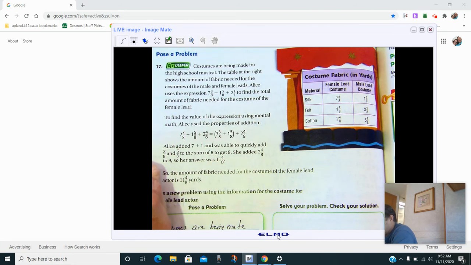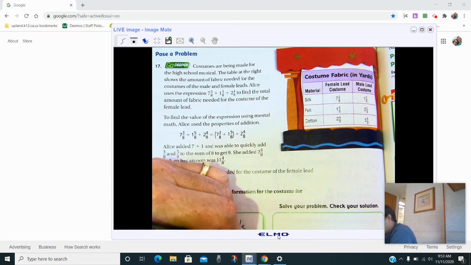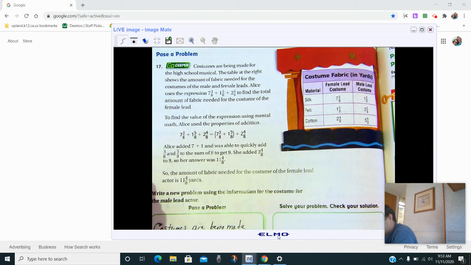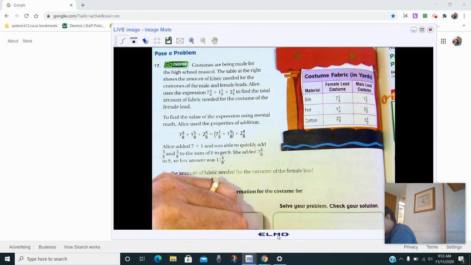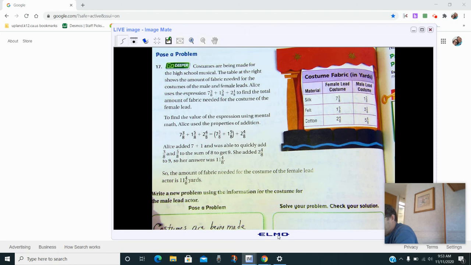Table at the right shows the amount of fabric needed for the costumes of the male and female leads.